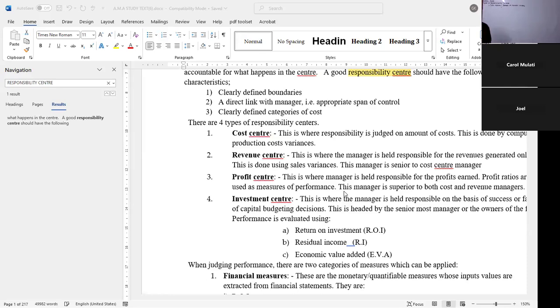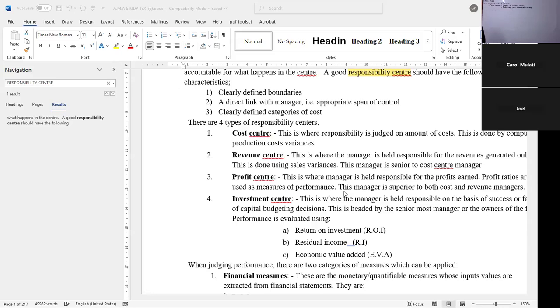And the third thing that you could say is production cost variances are used. So those are the 3 things, but we expected the candidate to state 2 of them: the name, what we look for, and how that is measured.